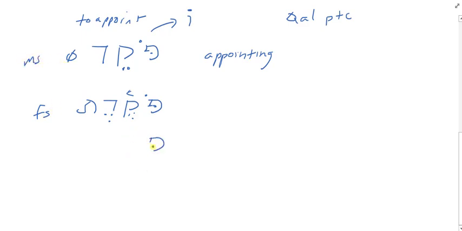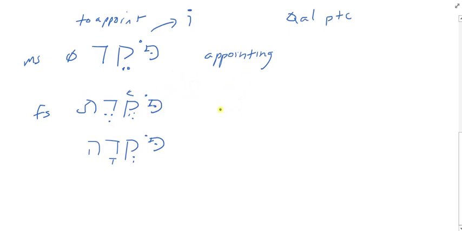I could see pokada. Okay, that is possible, but I more frequently see the double segol with the final tav. Remember, final tavs mark feminine singular forms as well. So pokadet or pokada. Now, I want to describe a woman as pokadet.